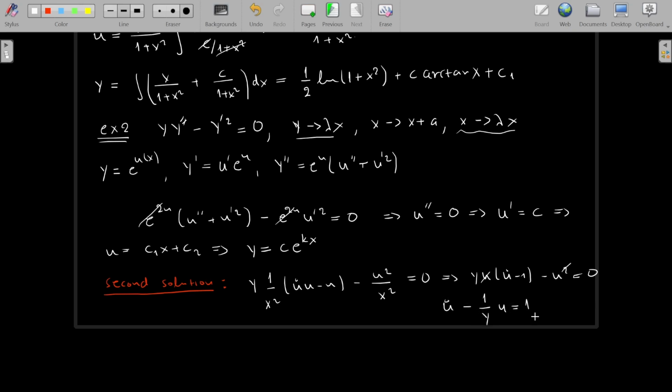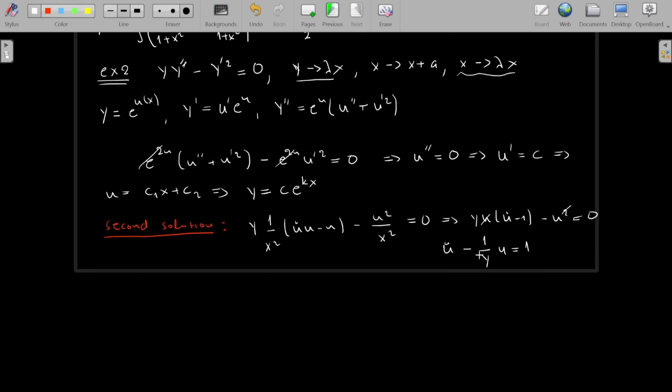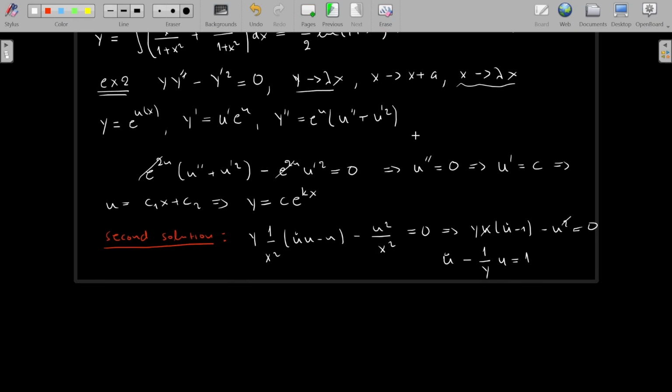we get ourselves a first order linear differential equation with respect to y again, because when we are using the symmetries of x, you're always going to solve a differential equation where y is the independent variable. So, as known, u naught is e to the minus integral of dy over y because of this.